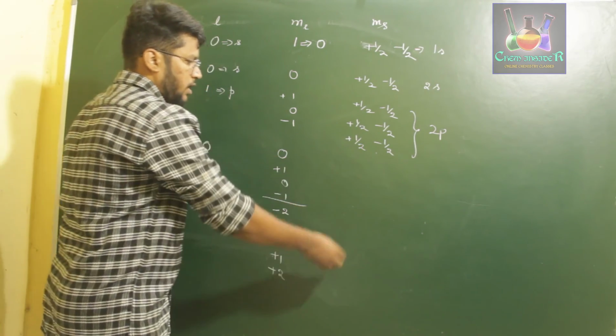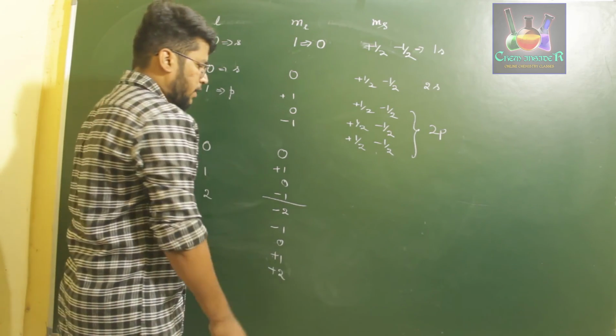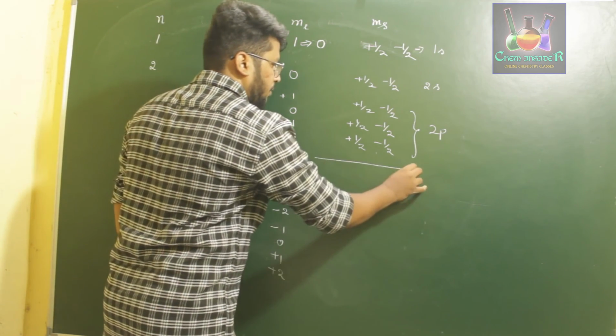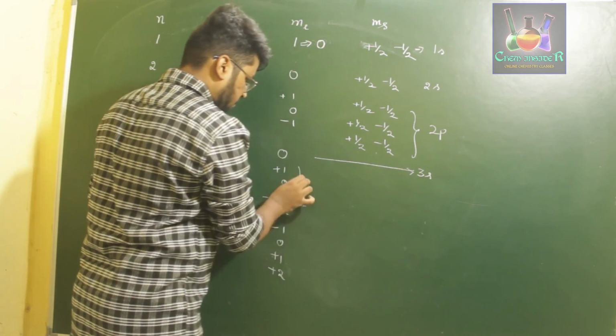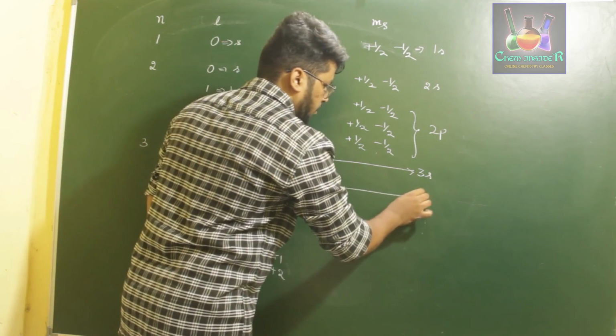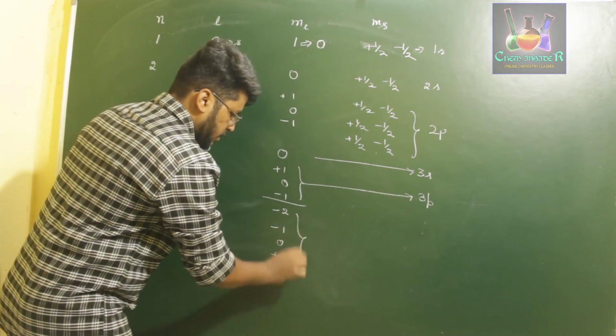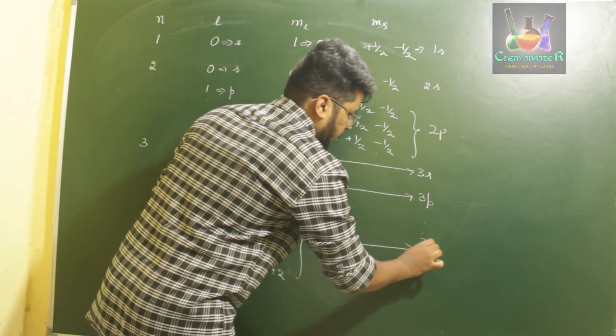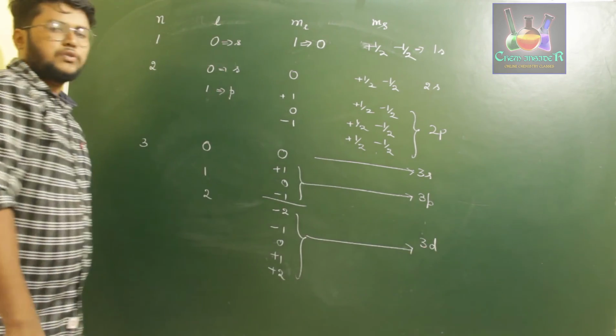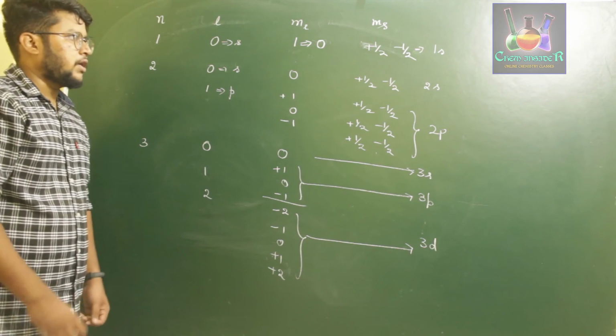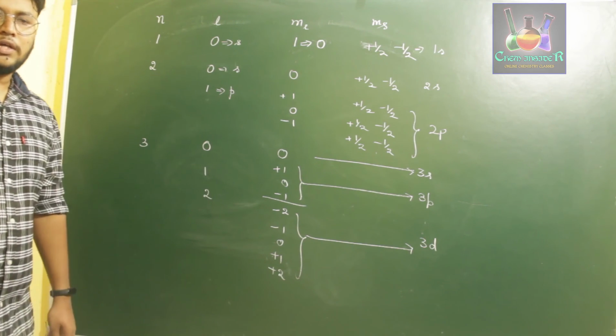Each of them will have a similar +1/2, -1/2. This orbital will be 3s, these three will be of 3p orbital, and these five will be of 3d orbital. So this is how we determine the orbitals of an atom in the case of a multi-electron system.